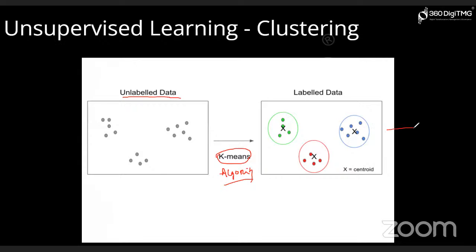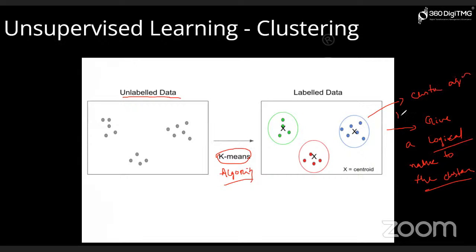Our main task is to give a logical name to the clusters. So not only do we form clusters, we try to find some inference from these clusters. We can use these clusters again to do further analysis.